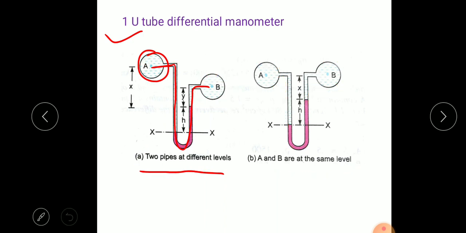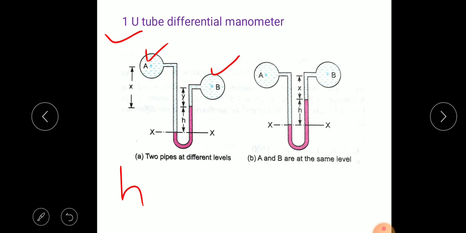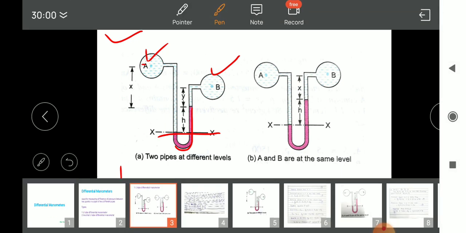So here we see the diagram. Point A, where PA is the pressure. In pipe B, at point B, PB is the pressure. H is the difference in the manometric fluid level. The colored fluid is the manometric fluid. That is a heavier fluid than the fluid whose pressure we have to measure.